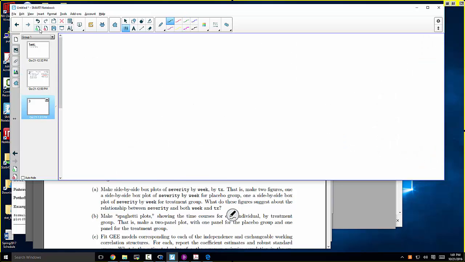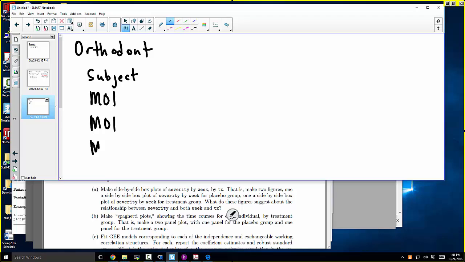In the orthodont data, we have subject, and the first 4 rows are for male 1. M01, M01, M01, M01, and then we have our response, age, and sex.